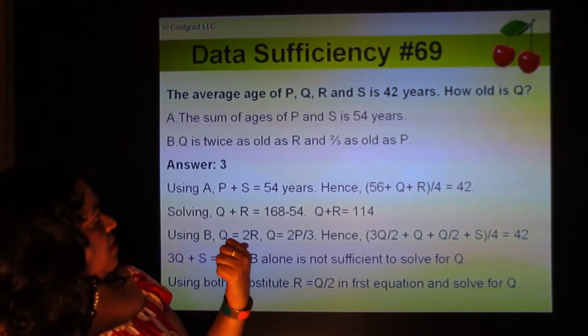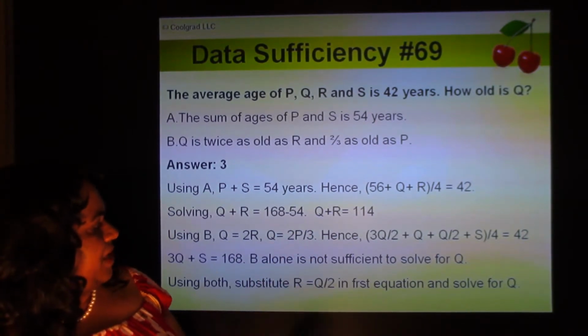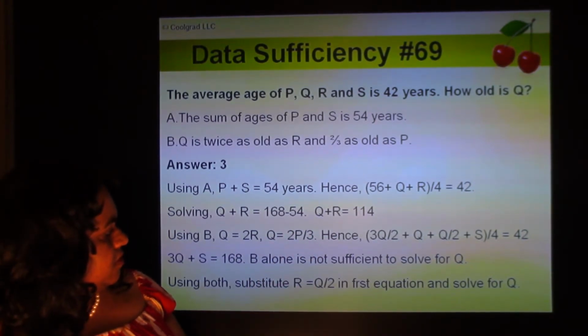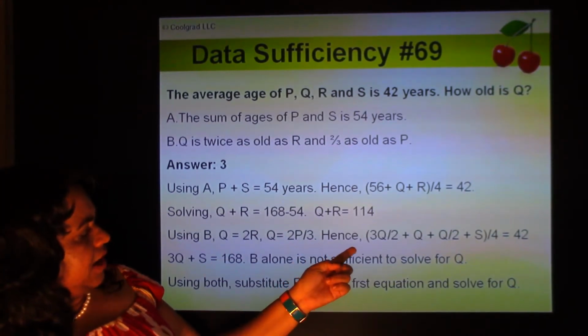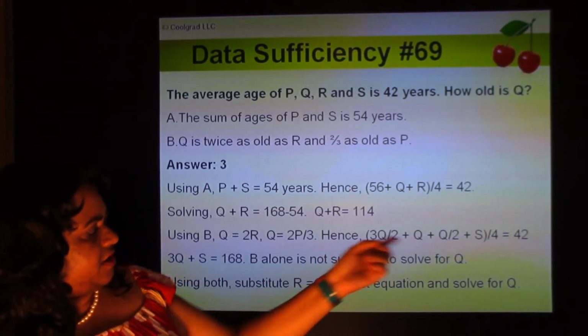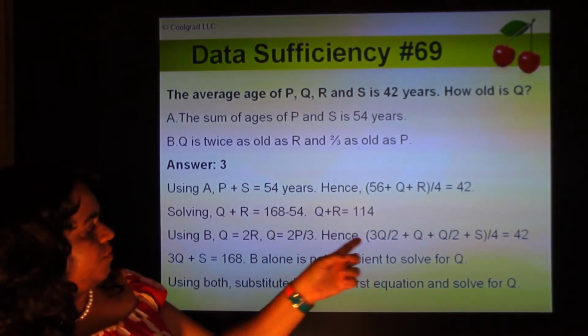Using B, Q is equal to 2R and Q is 2/3 of P. I'm putting P, Q and R in terms of Q. So P, I'm putting it as 3Q by 2.